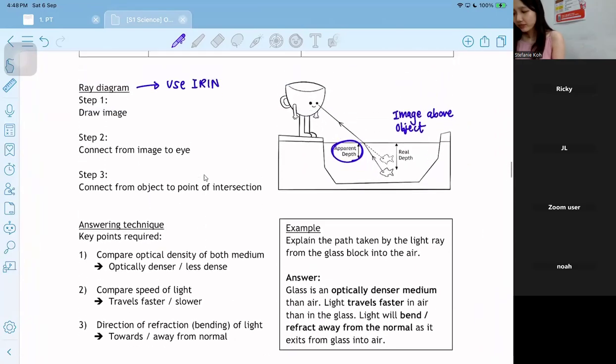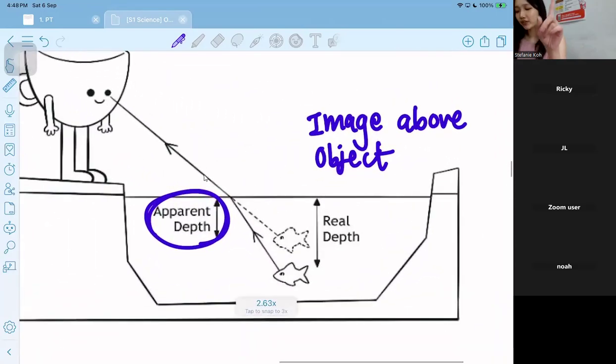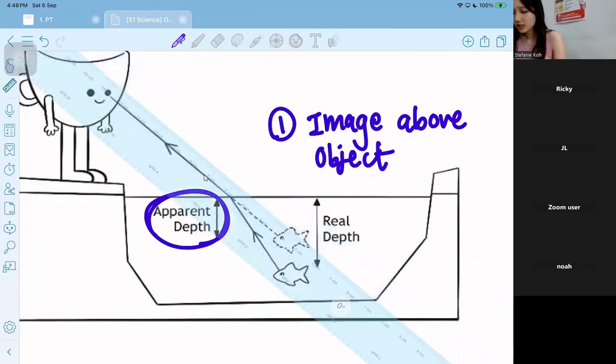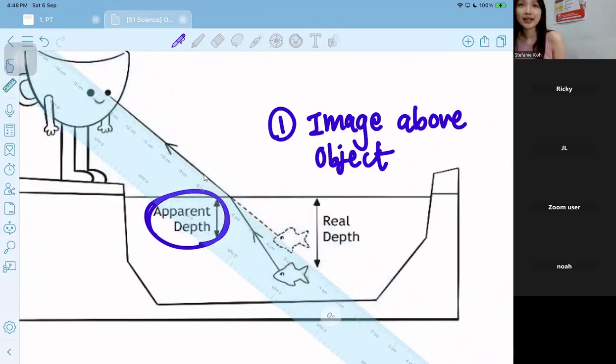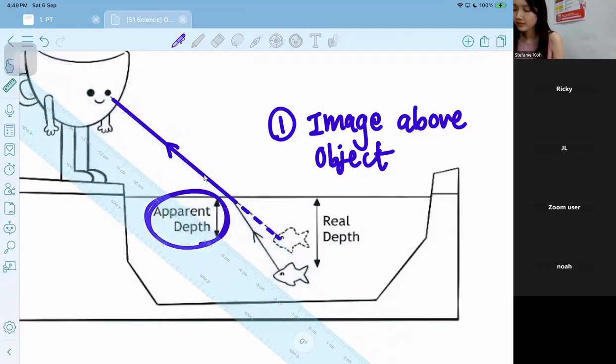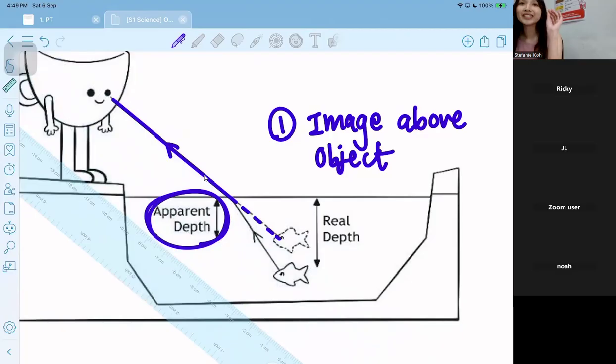And then the idea is the same. You draw the image, first step already. Then the second step is to draw your refracted ray, which is from the image straight into the eye. But now there's no mirror. This refracted one from the image is not real, it's virtual. But the moment it comes out of the medium, that is the ray that you actually see.